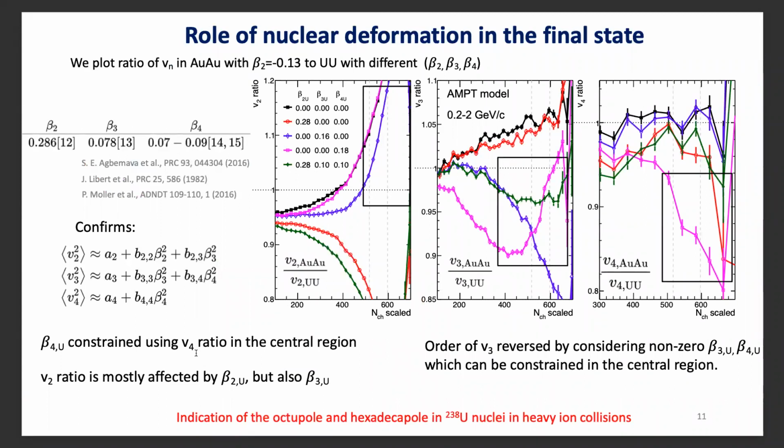The reason we are making this ratio, I think the motivation is that we want to understand the reverse ordering of the V3, because naively you think a smaller system always has larger flow if it's all fluctuation, because the fluctuation scales like one over the square root of the mass number. The fewer nucleons you have, the larger your flow, because the fluctuation gives you larger eccentricity, right? But then the data shows the reverse ordering for the V3.